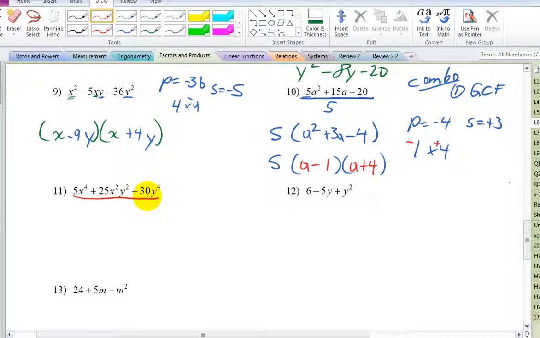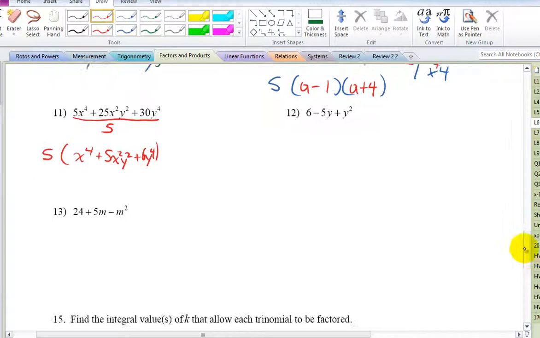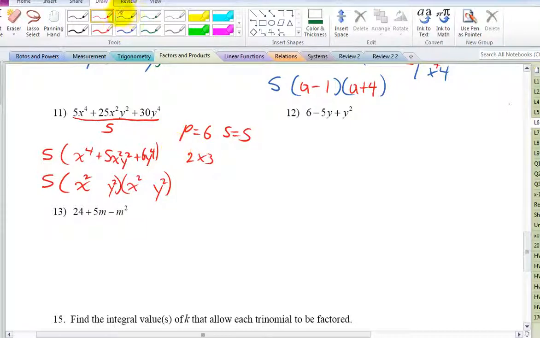Good, go for it. All right, there's a number in front again. So x squared plus 3y squared times x squared plus 2y squared.